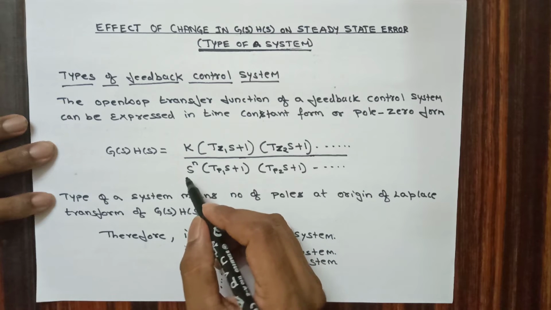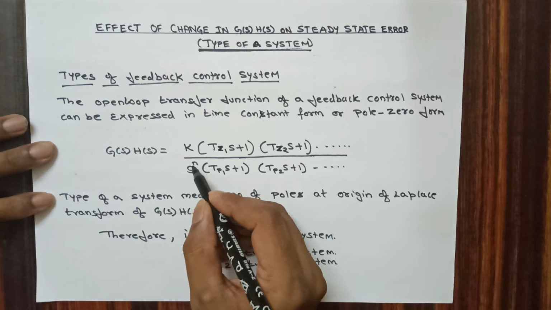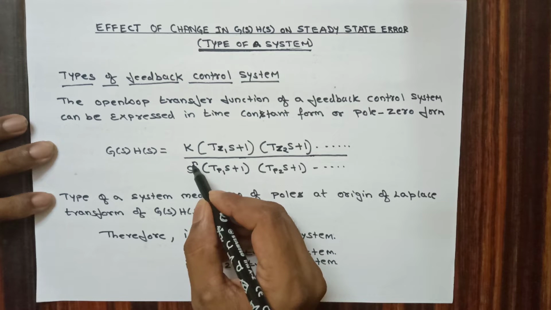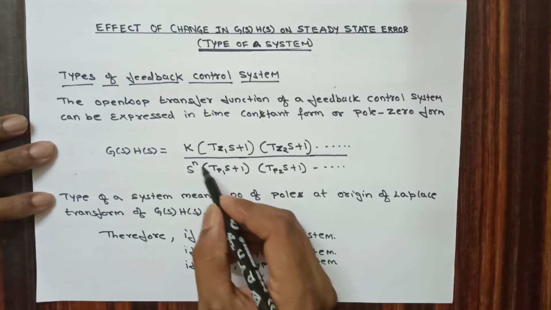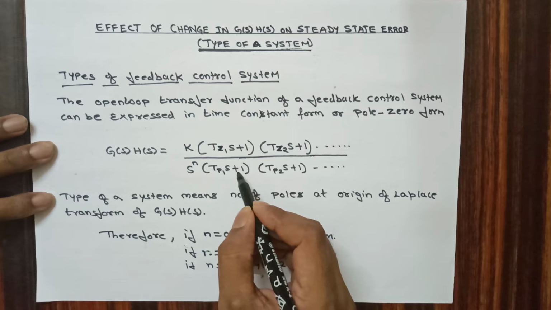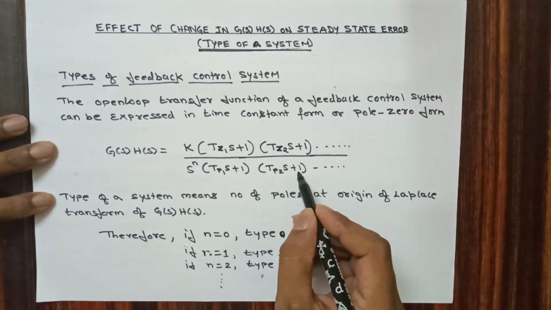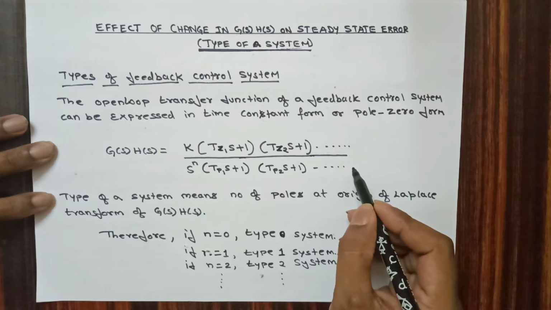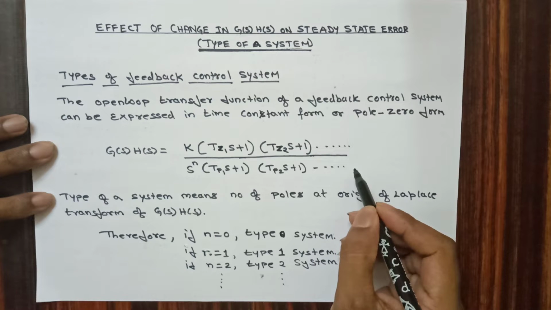In the denominator, you can see s to the power n: s determines the pole at origin, and the power n determines the number of poles at the origin. And the second pole term (Tp1 s plus 1), (Tp2 s plus 1). In this way, more terms can be considered based upon the system.